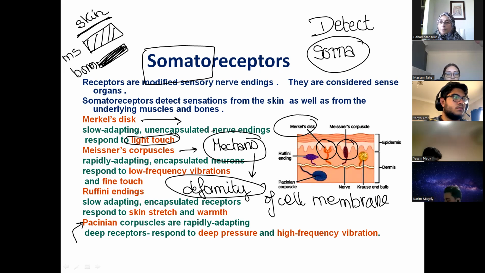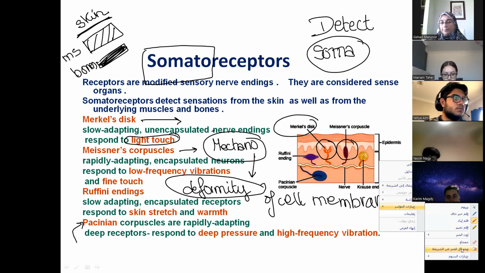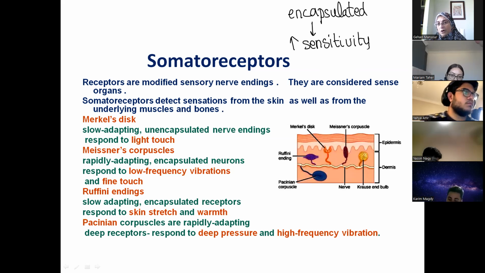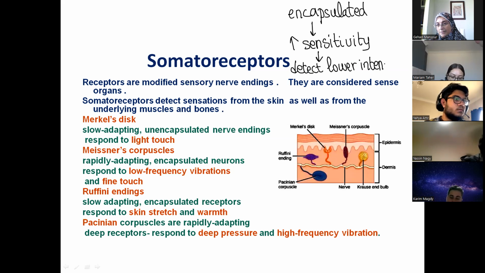So when it is encapsulated, it detects weaker stimuli. If you put the lightest touch, it can detect it. Let's write this down so we don't get confused and we stay remembering it. So if you have an encapsulated receptor, this implies that there is increased sensitivity of that receptor, and this means that it can detect lower intensity stimuli.